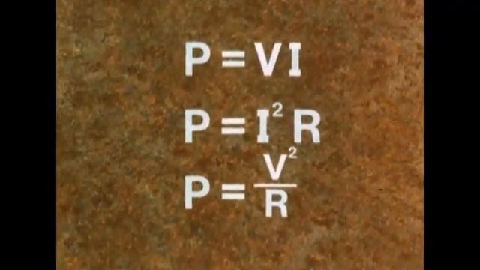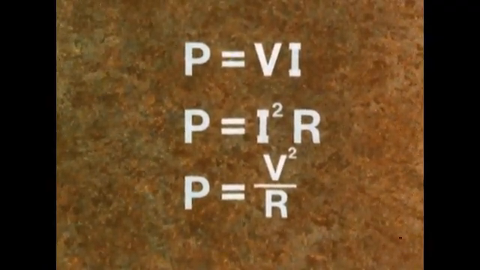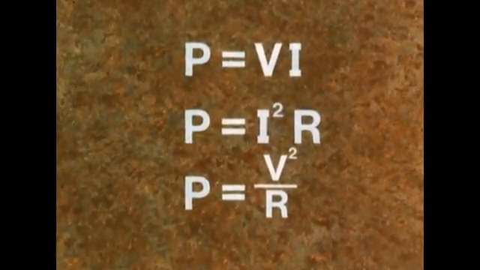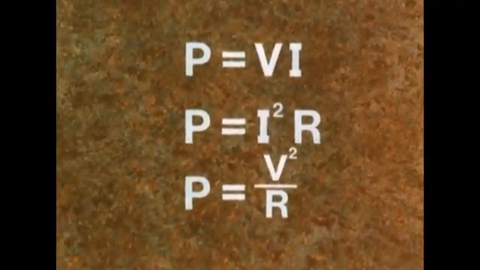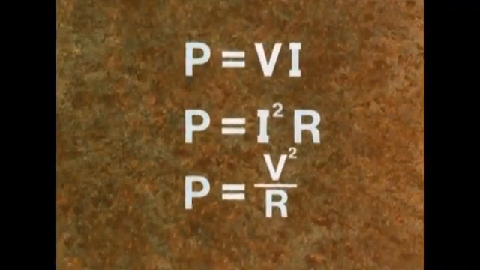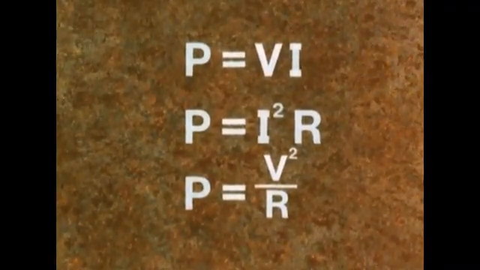P equals VI, P equals I squared R, and P equals V squared over R. These are all very useful formulae and should be learned by heart.